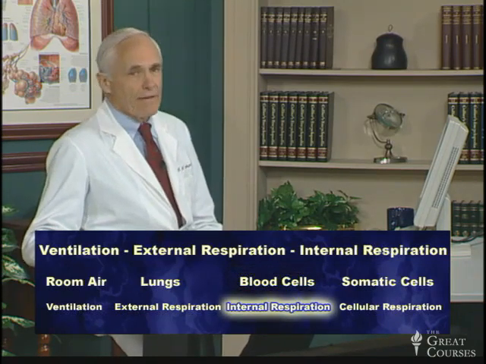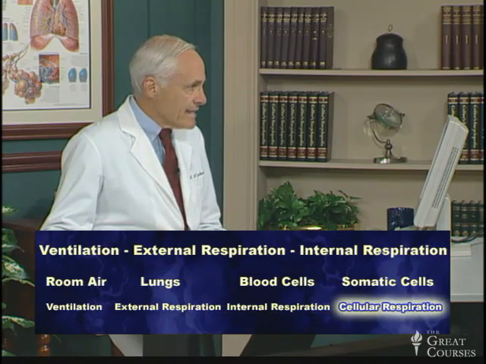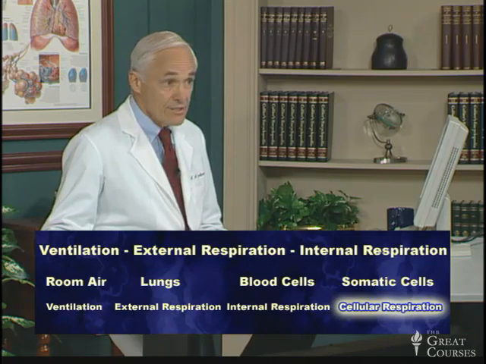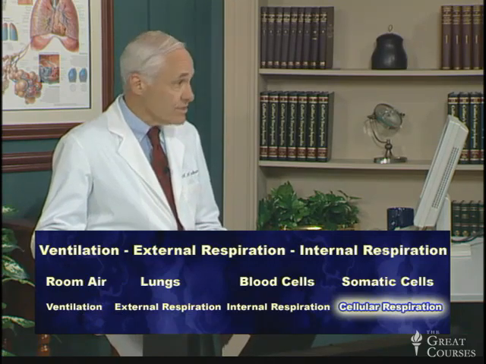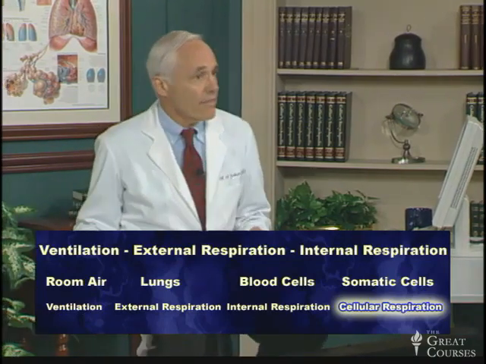There's another area we haven't talked about, and that's cellular respiration. Once the gas is exchanged from the blood cells across into the somatic cells or the body cells, there's a whole very complicated system of respiration going on there.